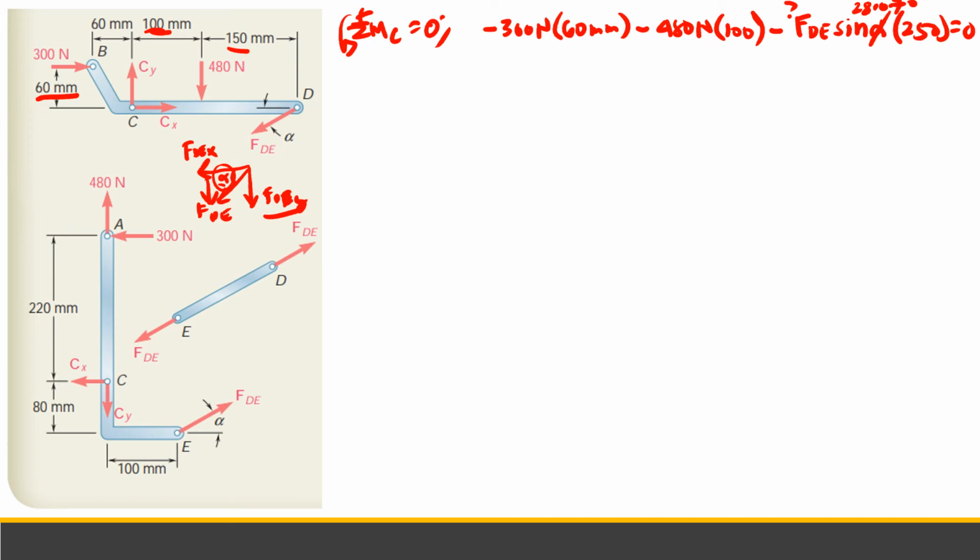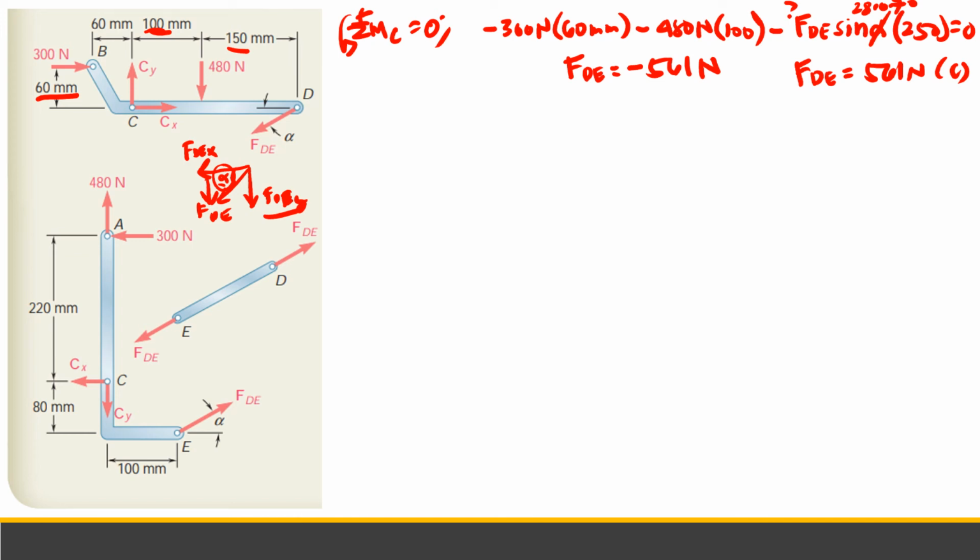So, solve natin yung FDE natin. So, FDE is equals to negative 561 Newton. So, negative yung sign, meaning mali yung assumption natin. So, hindi pala siya tension. The FDE is in compression, no? 561 Newton compression.